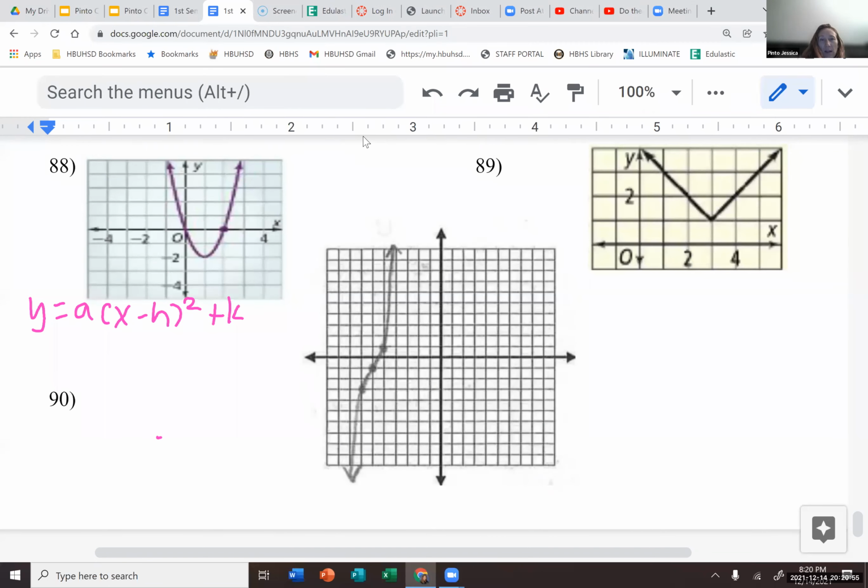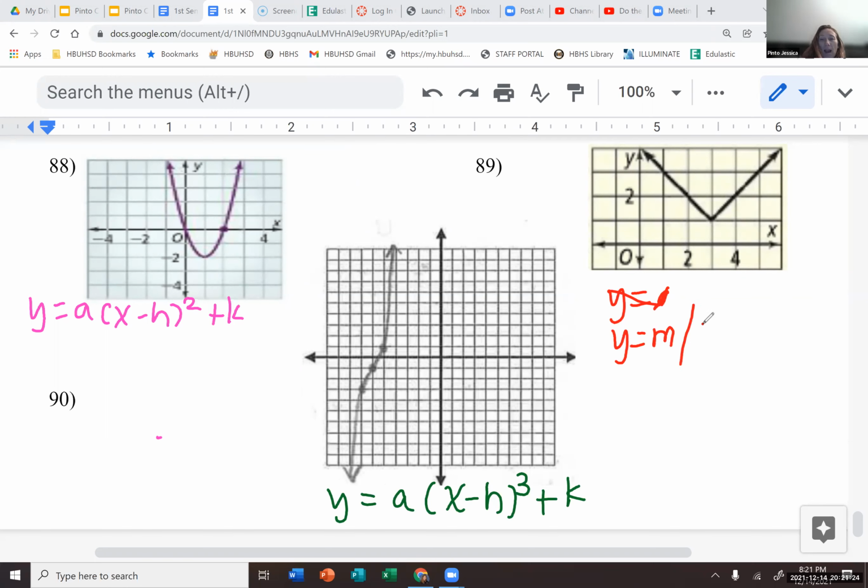So 90 is going to come from the cube function, which is y equals a parentheses x minus h to the third power plus k. And then of course, the last one, that's a V shape for absolute values. That's y equals, I'm not going to write a, y equals m, absolute value of x minus h plus k, because absolute value is made up of 2 lines.